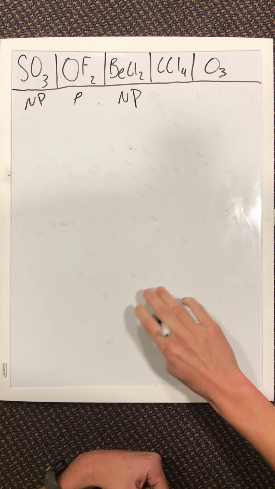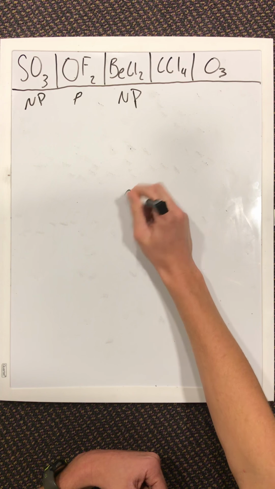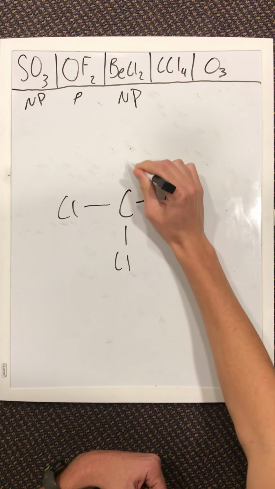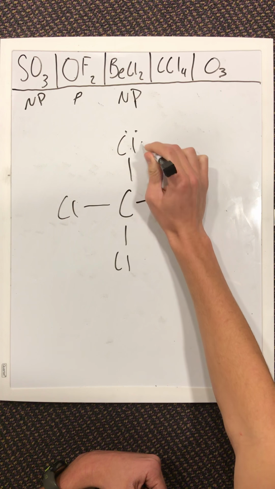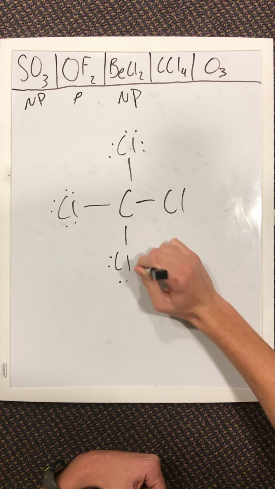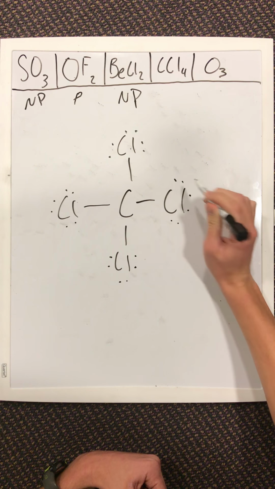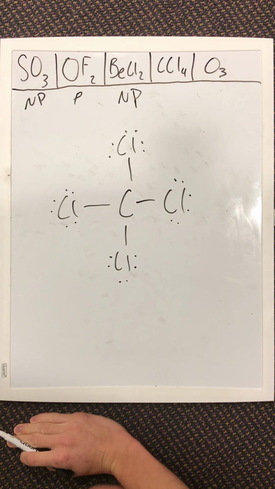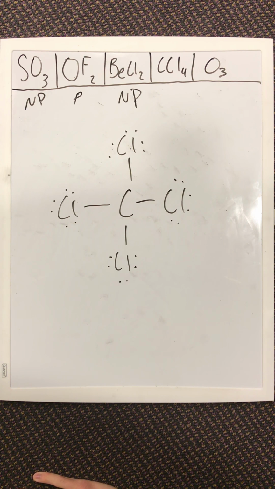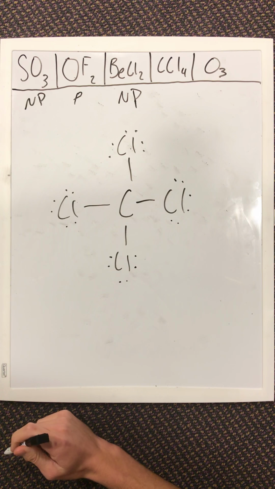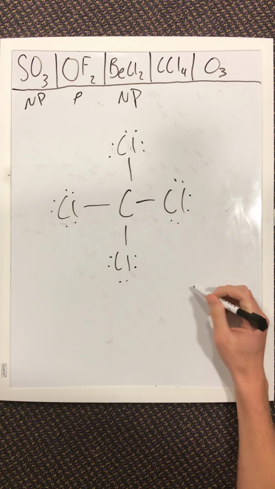Next molecule is going to be CCl4. So I will go ahead and draw that Lewis structure. And as we see in the Lewis structure, there are 4 domains around C. So that means it's going to have tetrahedral domain geometry.